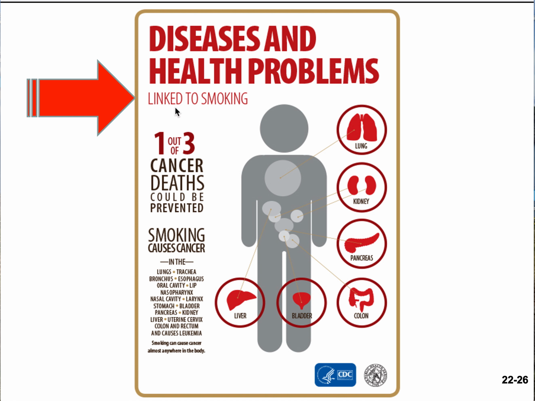Well, guys, you could reduce 1/3 of cancer deaths simply by stopping smoking and not abusing alcohol and avoiding other kinds of risks that lead to cancer. Smoking causes all of these types of cancer.